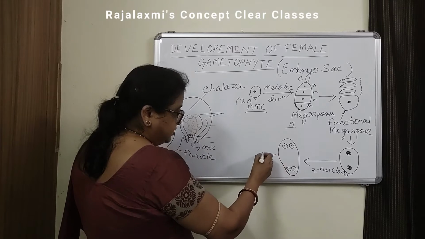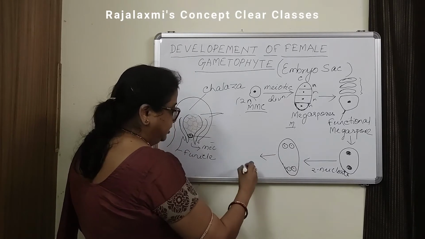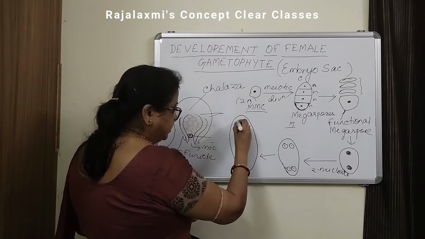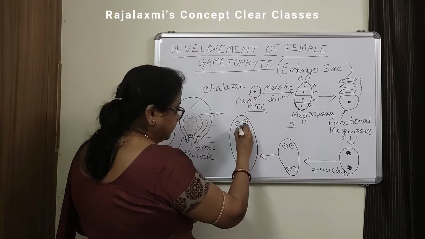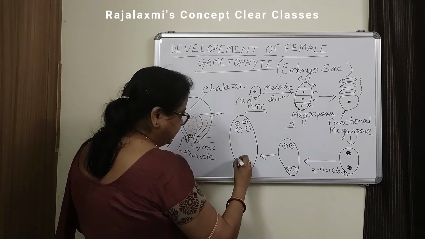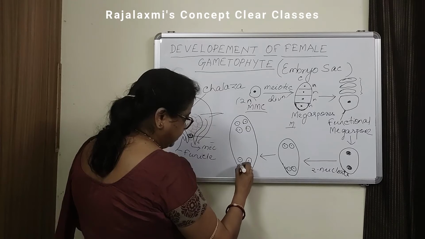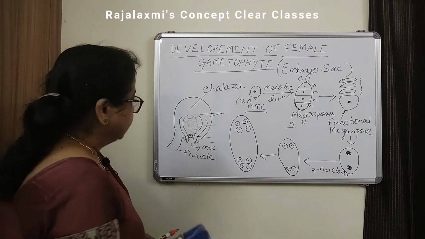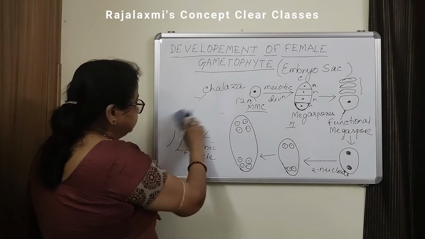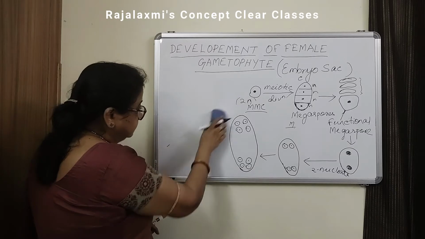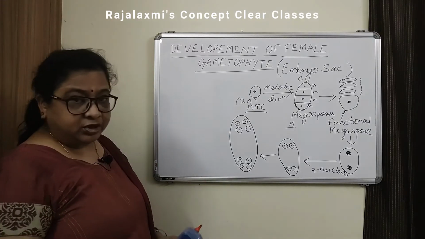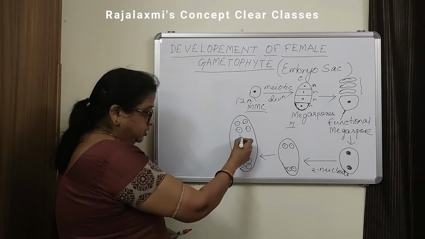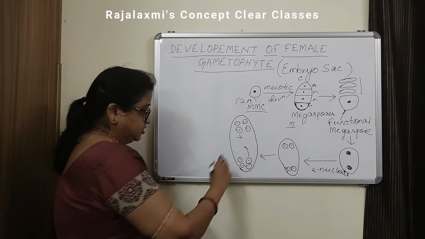In the next stage, each of these 4 nuclei divides again to form 8 nuclei, 4 at one end and 4 at the other. Then after the formation of these 8 nuclei, one from each pole moves to the center.